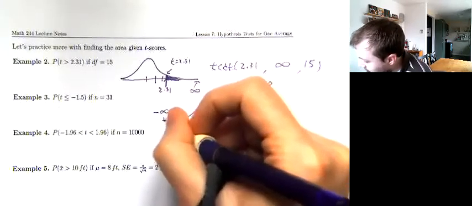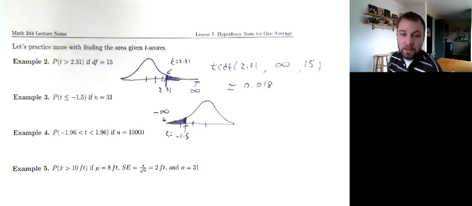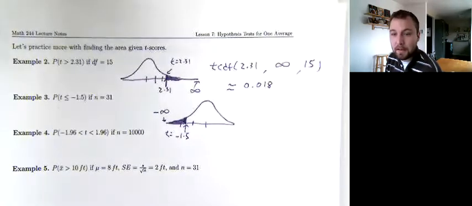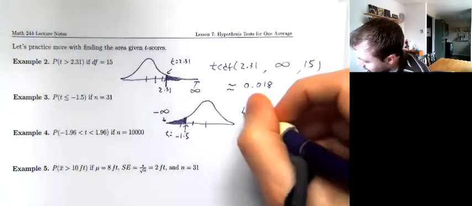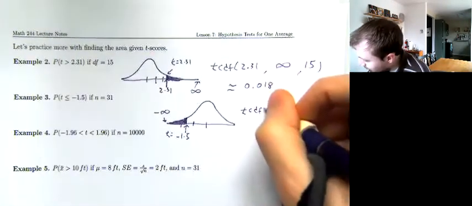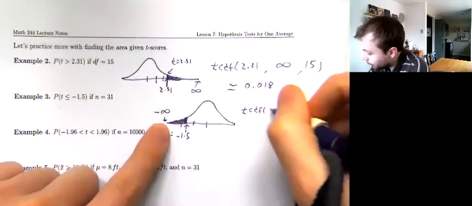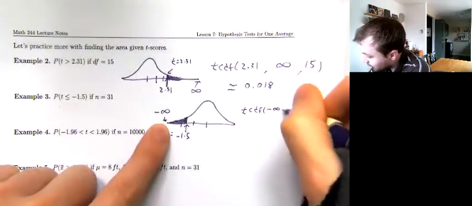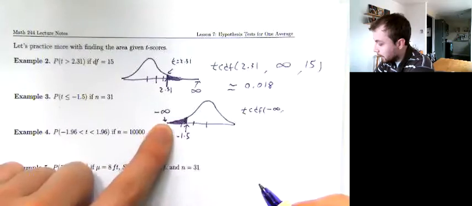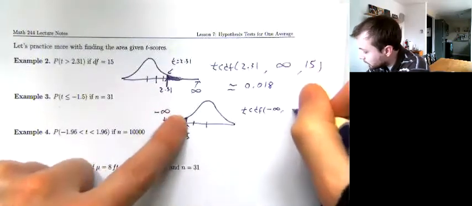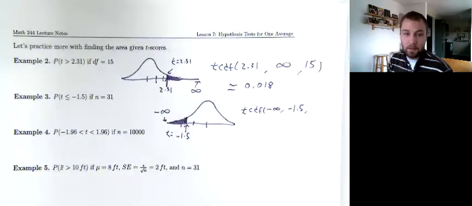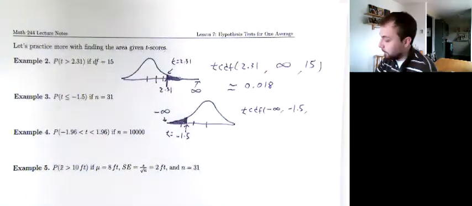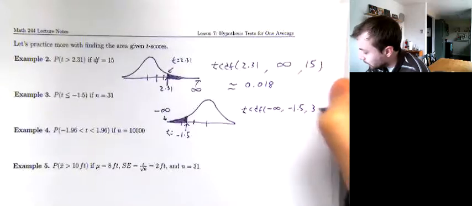And I'm lucky here because they keep giving me the t-score, so I don't even have to calculate anything. I just have to type it into my calculator. So to get the area for this, I'm going to do TCDF. The left part, or the lower part that's shaded in, is negative infinity. And I keep going until I get to negative 1.5. Good so far. If I have 31 samples, then my degree of freedom is going to be 1 less than that.